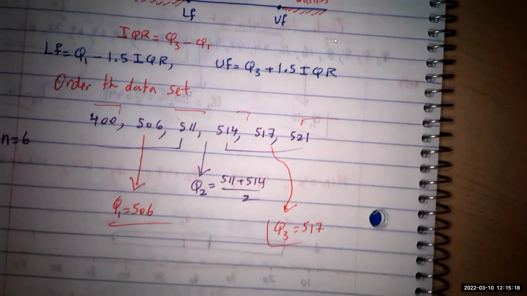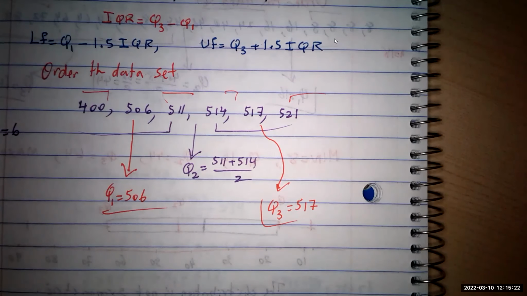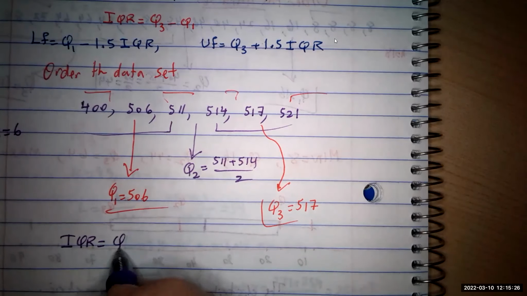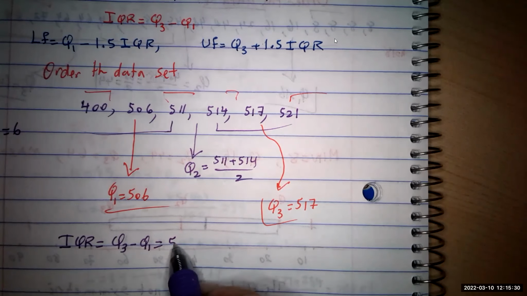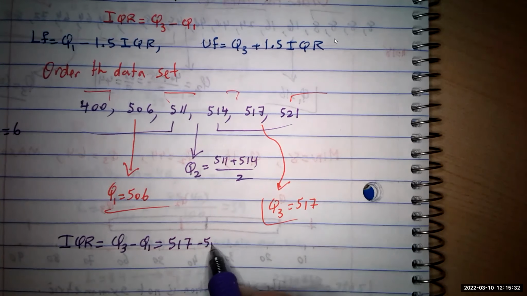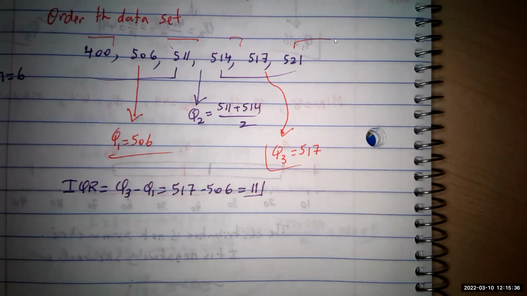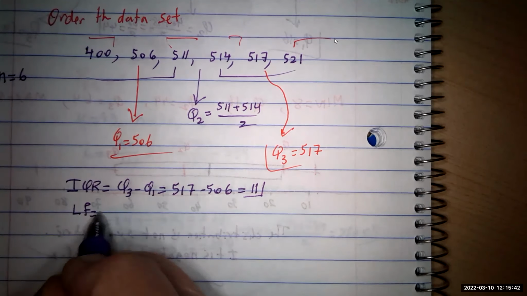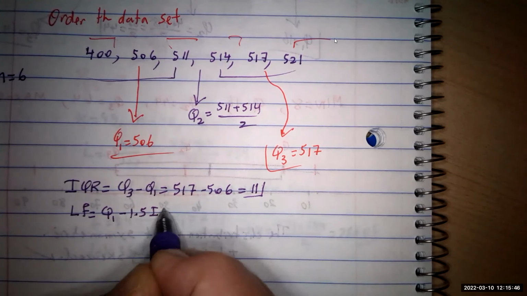Now go and find this. Get the IQR. The IQR is the difference between Q3 and Q1, which is 517 minus 506. It's 11. That's the IQR. Get the lower fence and the upper fence. The lower fence is Q1 minus 1.5 times IQR.